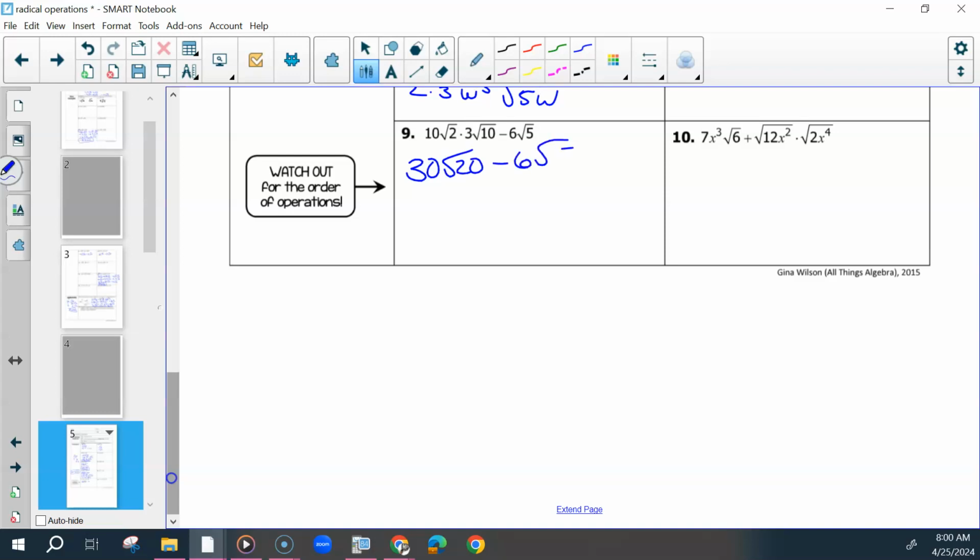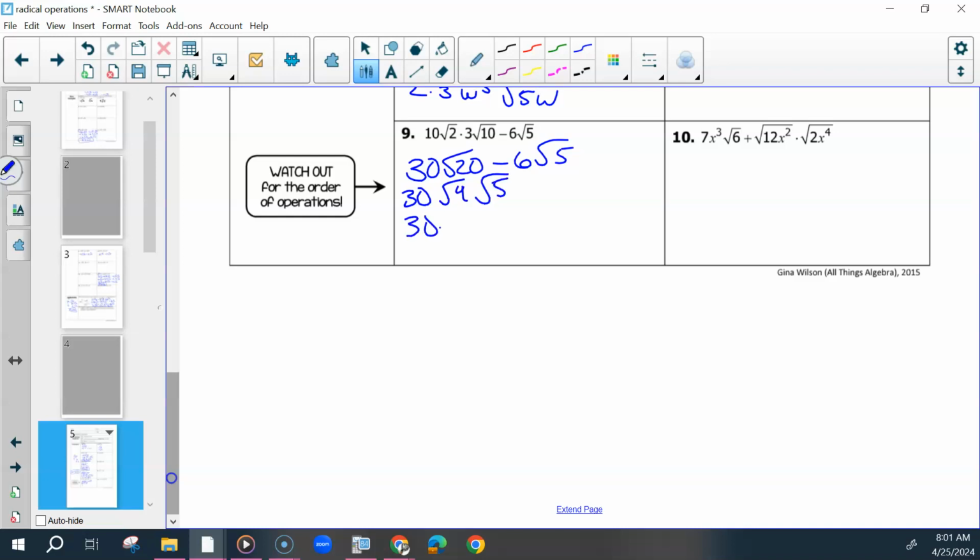I'm just going to rewrite minus 6 root 5, so we don't lose anything. Is this a multiplication? Okay. Break down the square root of 20. Highest perfect square would be 5 and 4.